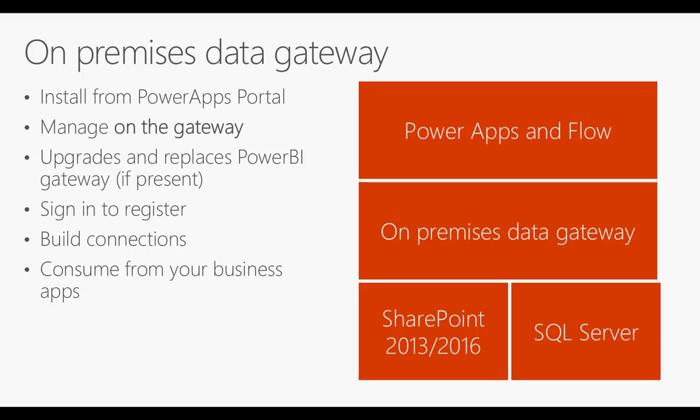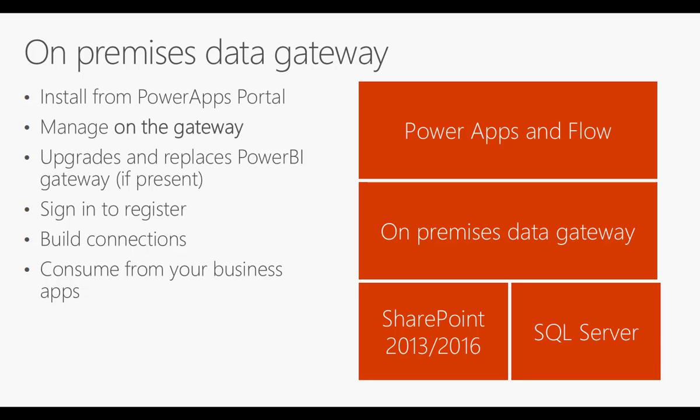We mentioned slightly before that there is an on-premises gateway. You install that from the Power Apps portal. This allows you to connect not only Flow, but also Power Apps and Power BI to on-premises environments such as SharePoint and SQL Server.